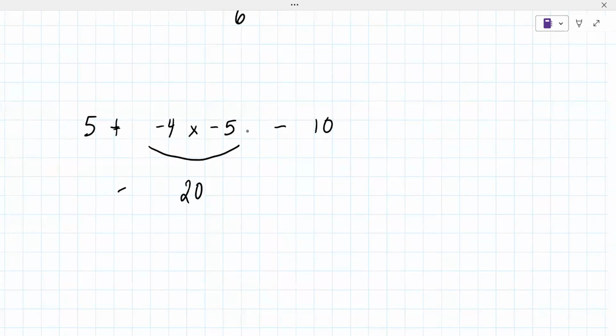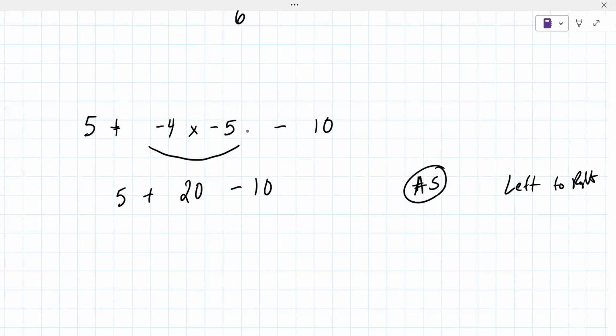It's good to rewrite it each time. Then you do addition and subtraction, just like multiplication and division, left to right. 15. Good.